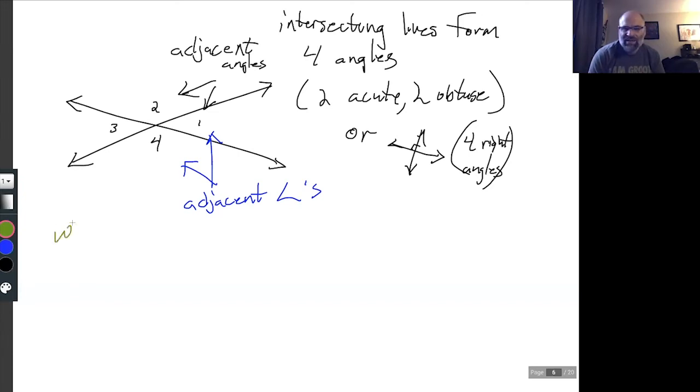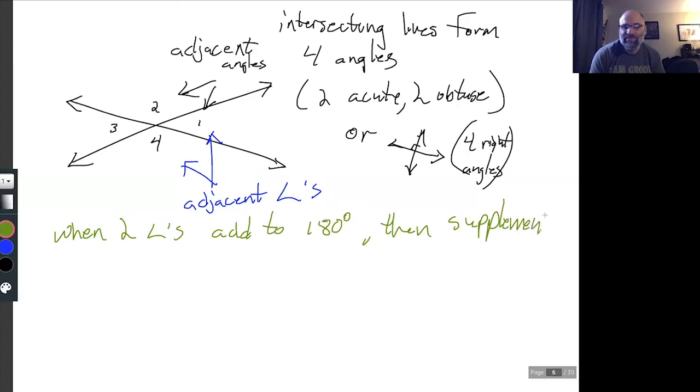So when two angles add to 180 degrees, then they are supplementary. Okay, so these adjacent angles are adding up to 180.